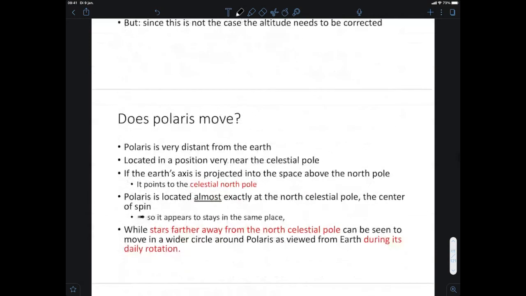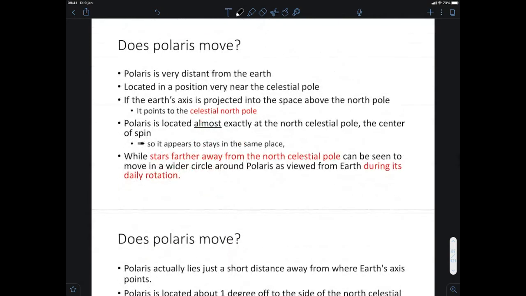Now, we know that Polaris is a very distant star from the Earth. It's located in a position very near the celestial pole, but not on the actual celestial pole. If the Earth's axis would be projected into space above the North Pole, it points to the North Celestial Pole, and it's the axis around which the Earth rotates.